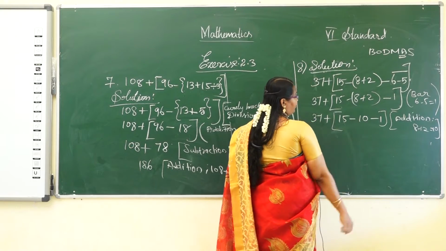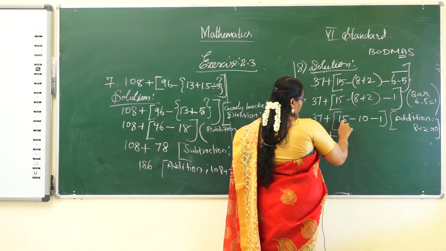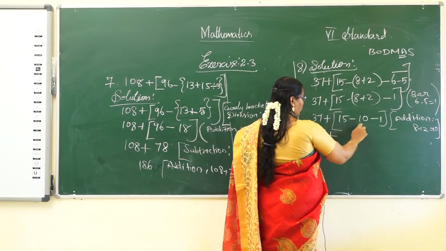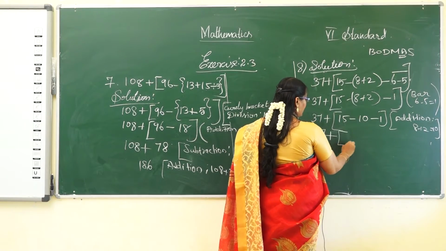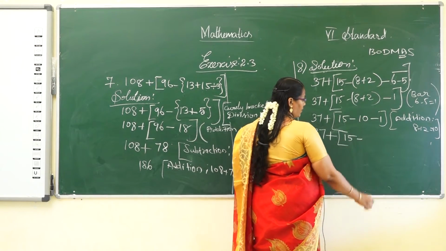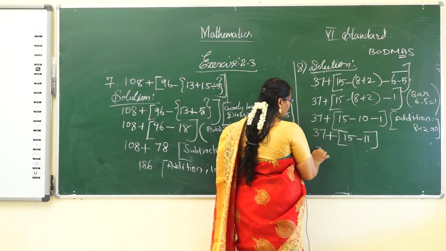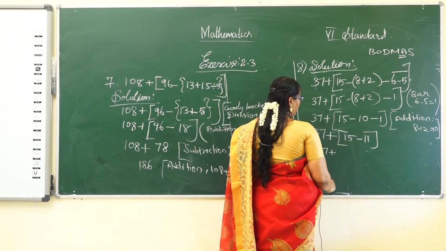Now simplify in between of the big bracket. So 37 plus 15 minus, both having the same sign. So same signs will be added and we put the same sign. Okay. So minus 11. So 37 plus 15 minus 11.